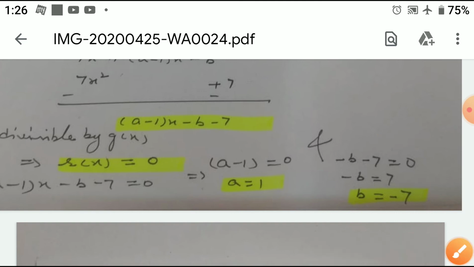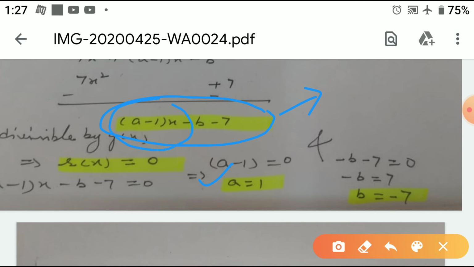The question was very simple: p(x) is exactly divisible by g(x). In that case the remainder is 0. Okay, this is the remainder. To make this remainder 0, if a minus 1 is equal to 0, then this term becomes 0. Okay, right? So we get value of a as 1, but now minus b and minus 7 is left.